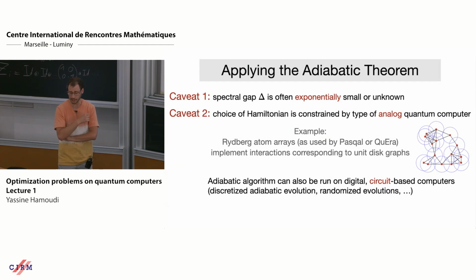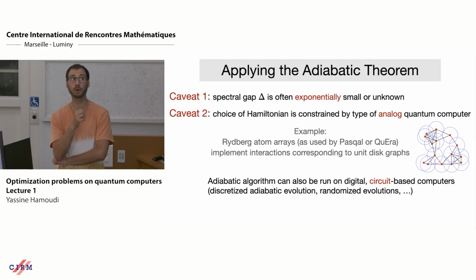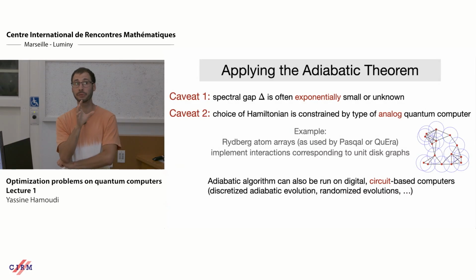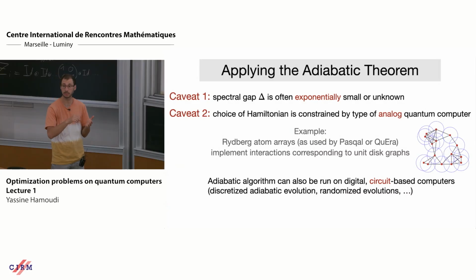An example is the Rydberg atom, which is a typical choice explored by some companies for doing analog computing and solving this kind of optimization problem. The issue is that there are some restrictions on the type of interaction that you can have in HT over time. And if you don't have the right interaction, then the cost may increase a lot if you want to do the simulation.